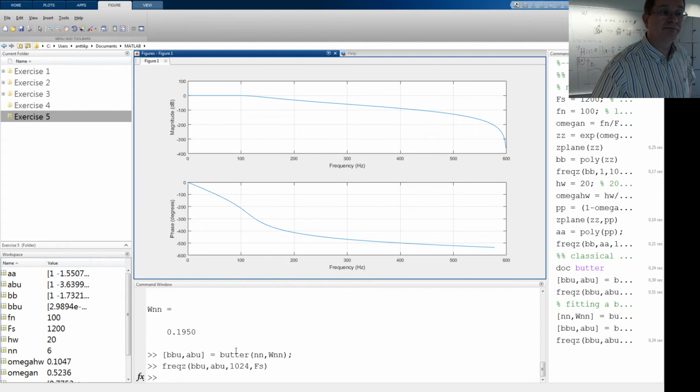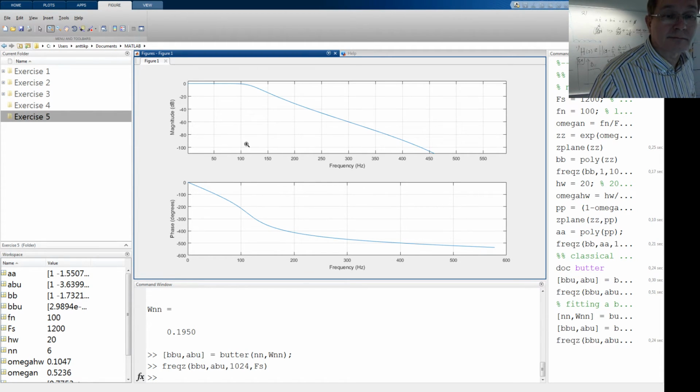Yes, 60 dB at 300 hertz, and then yeah, the 3 dB point is at 100 hertz.